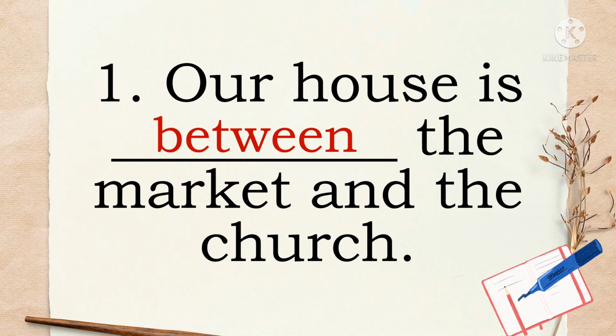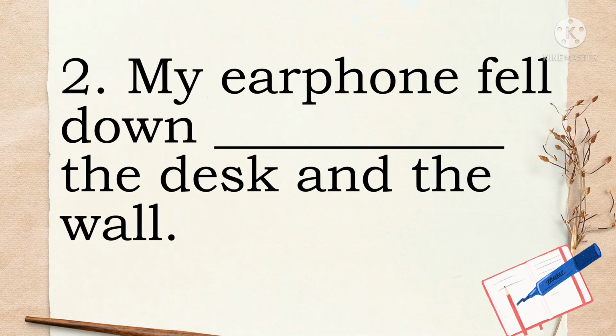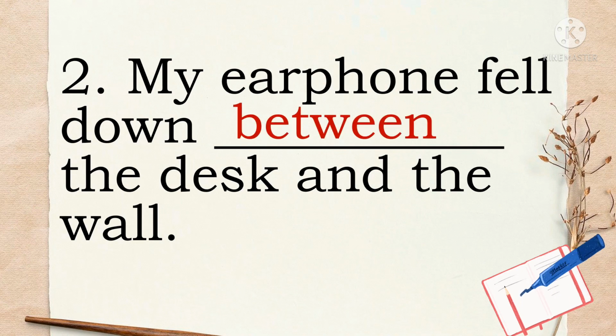Our house is between the market and the church. Let's try number 2. My earphone fell down blank the desk and the wall. Very good. It's between. My earphone fell down between the desk and the wall.